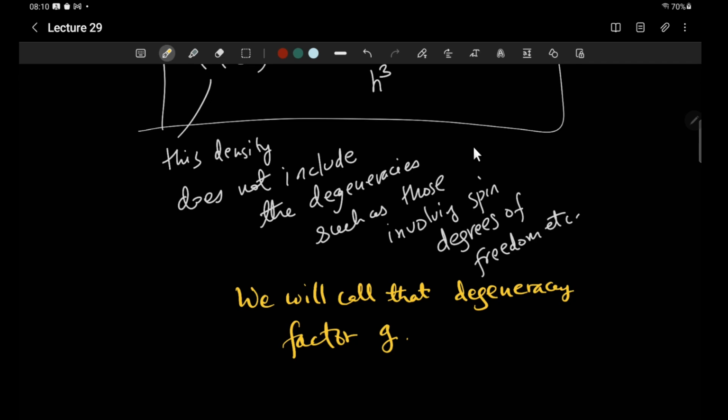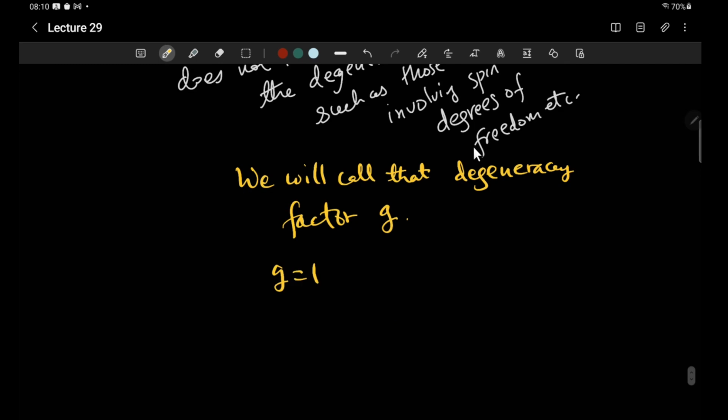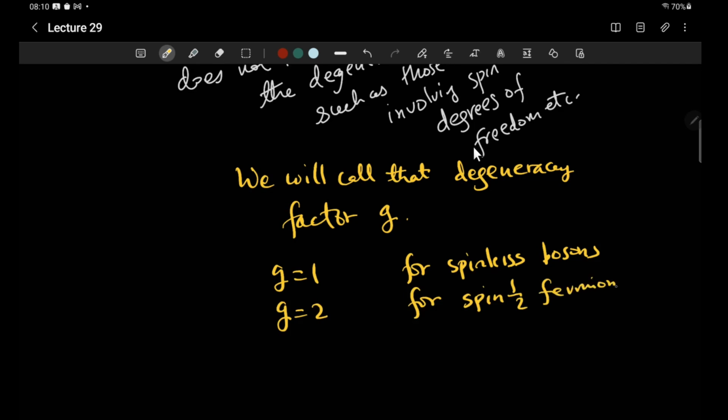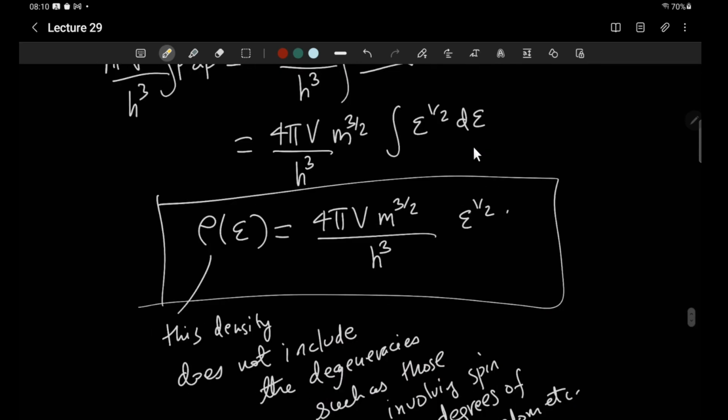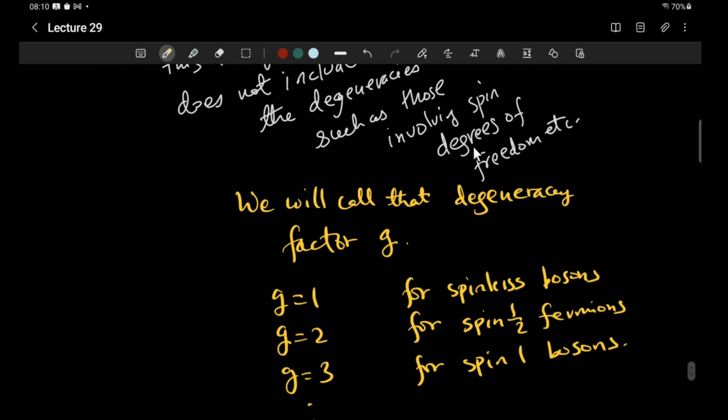If you have a spin 0 particle, there are no spin degrees of freedom, so G would be 1. So G equal to 1 for spinless bosons, spin 0. G equal to 2 for spin half fermions. G equal to 3 for spin 1 bosons. And so on and so forth. So later I'll put a G, and depending on the example we need to put that. Is that okay?